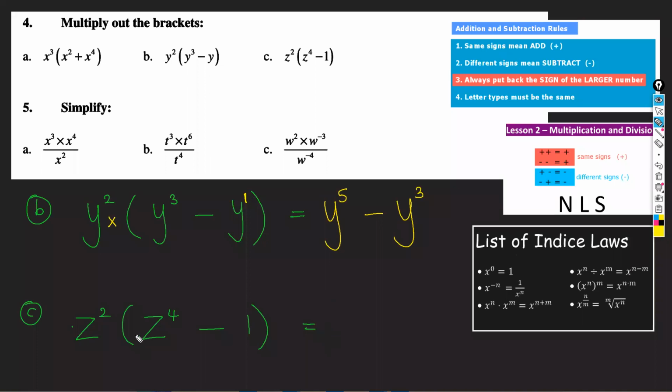The other one was pretty easy. It's a secret multiply on the outside. So everyone gets multiplied by whatever is outside. So again, z to the power 6, because we have to add the powers, because it's z and z, the bases are the same, right? And I noticed 1 was confusing people, but anything multiplied by 1 is itself. So z squared, and you have to multiply by the 1, it's still z squared.